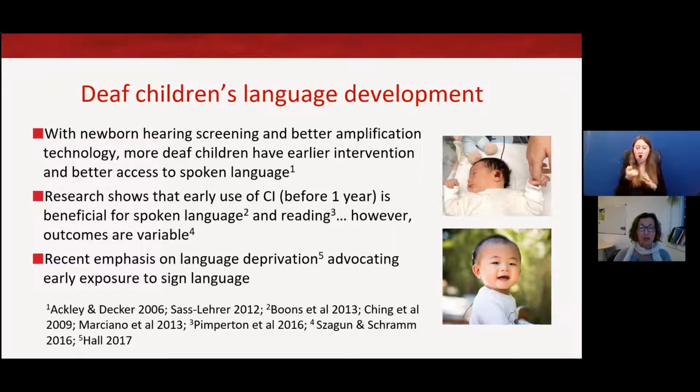Especially children who are perhaps going on to have an implant, if they have an implant towards the end of the first year, well, what language input have they had before that implant is in place? Because these early months of the first years of life are so important for language development.